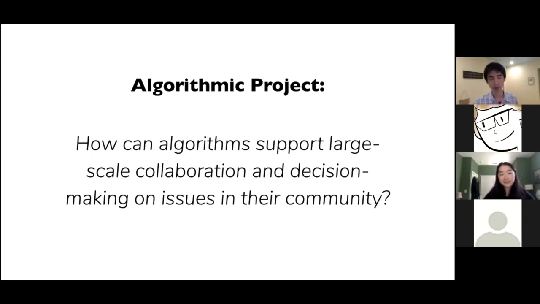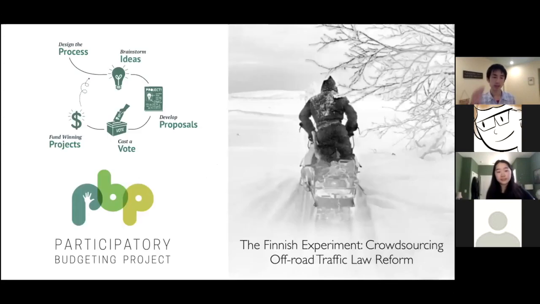And there's a lot of governments who are interested in engaging their citizens more in identifying issues in their community, voting on different ways of addressing those, even making decisions on how to allocate budgets. And there's actually a lot of this already happening.